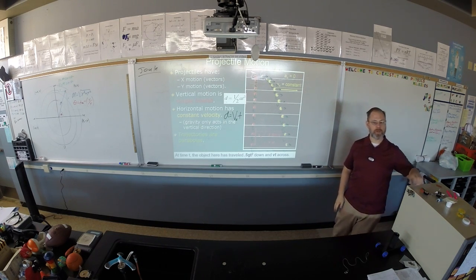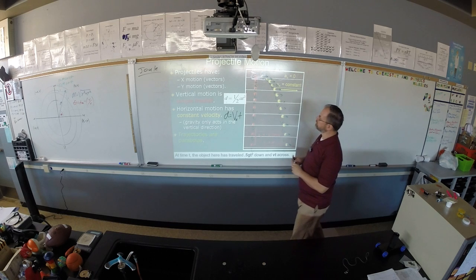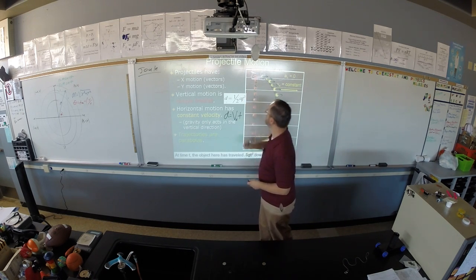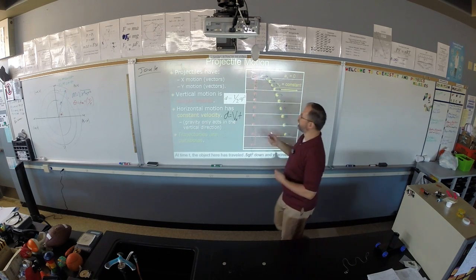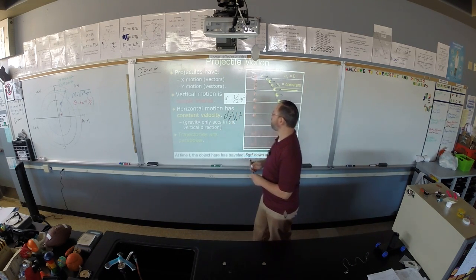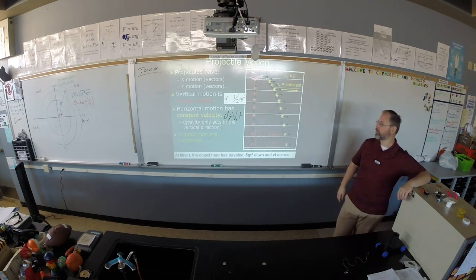We're going to start slapping subscripts on velocity to say this is vertical velocity or horizontal velocity. So we're going to say dx equals vxt. Distance in the x direction equals velocity in the x direction multiplied by time.